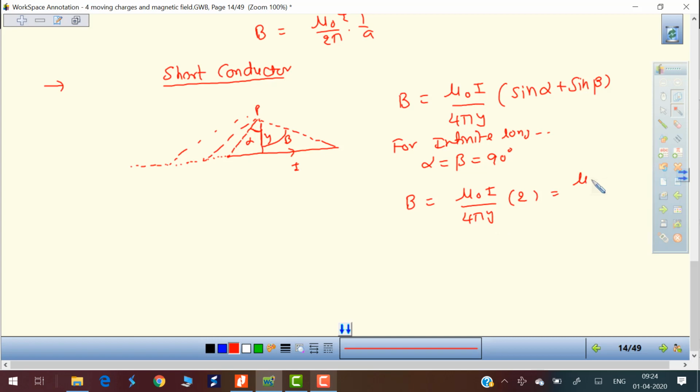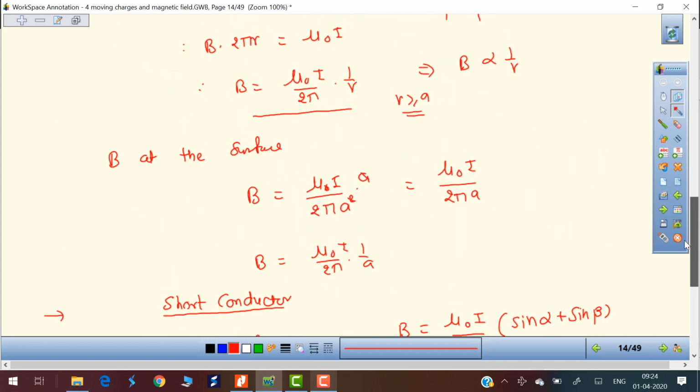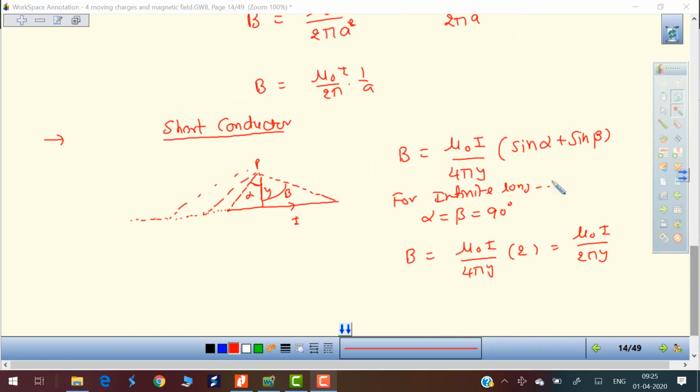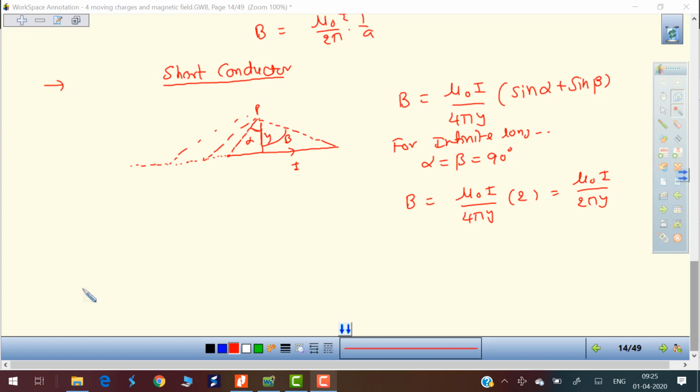So you will get mu 0 I upon 2 pi y. So again, we get the same formula here. This is for outside, long one. So we can derive that formula from this formula. So this is for long one.